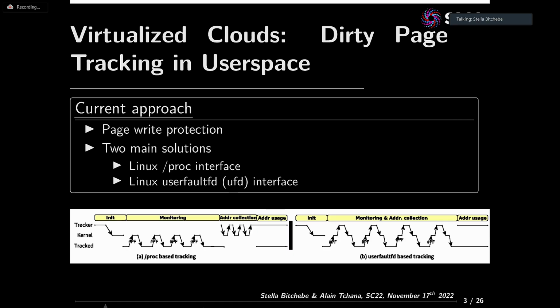So during the initialization phase, we pause the application, and the second phase is the monitoring phase. During this phase, the tracker will let the tracked application execute, and then it will start triggering page faults. The kernel will handle the page fault and so on. At the end, the tracker will walk the page table of the tracked application and collect all the pages for which the write bit has been set to 1.